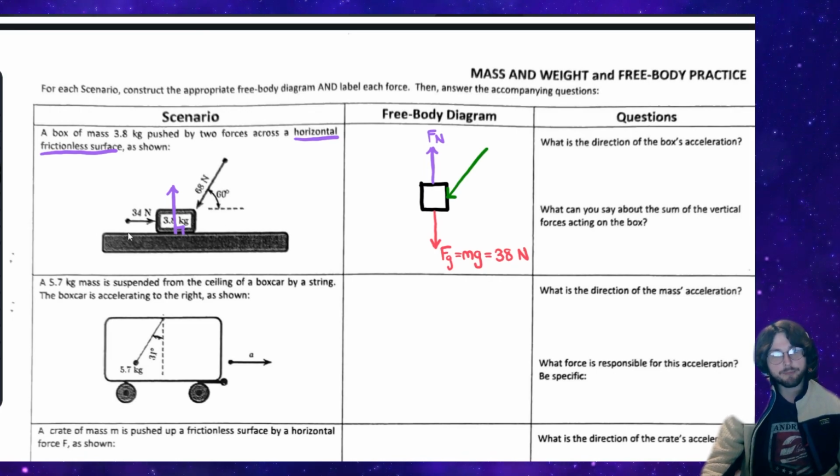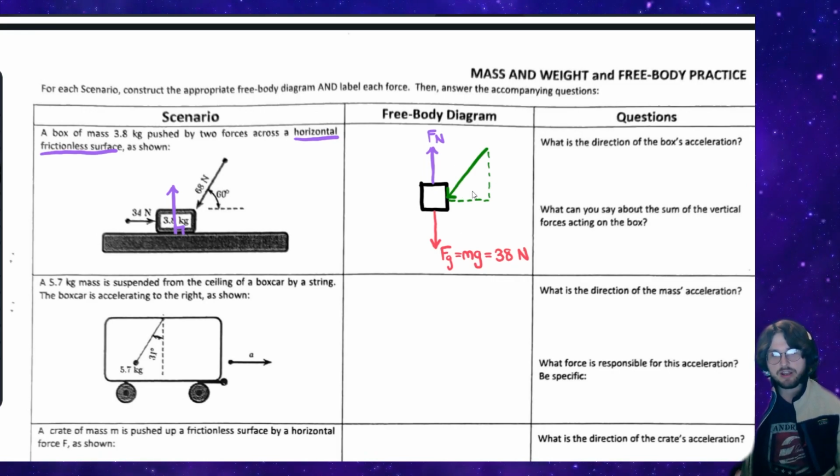So at this point, because we're given this force and we're given an angle, we can use trig to get this thing on the same page as the other forces that are vertical and horizontal. So in this case, I'm going to draw out a horizontal component like that, and then I'm going to add this additional vertical component to finish the right triangle.